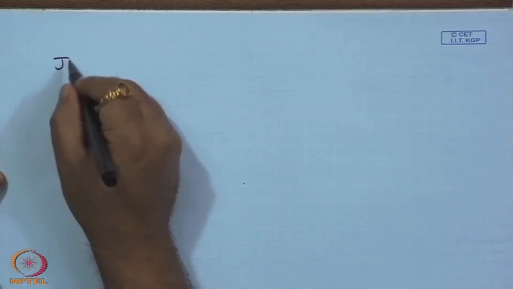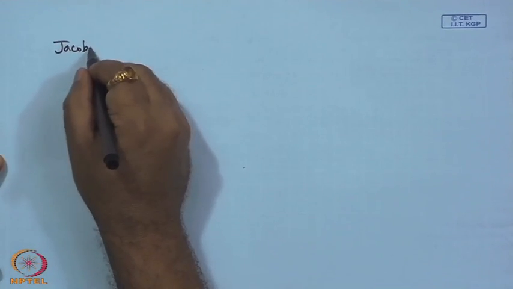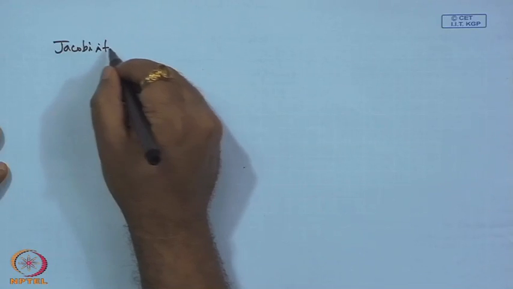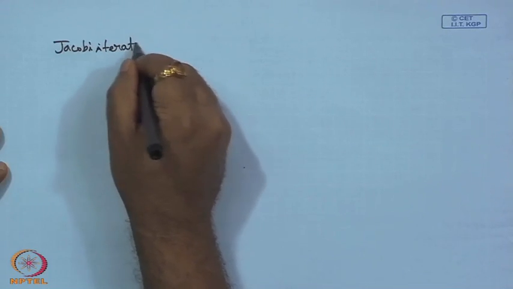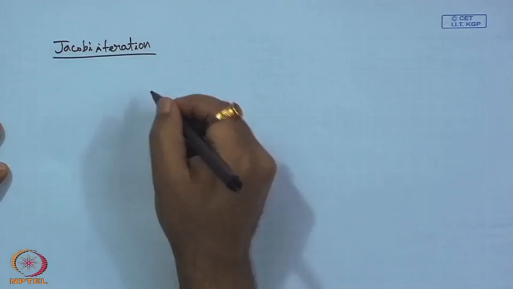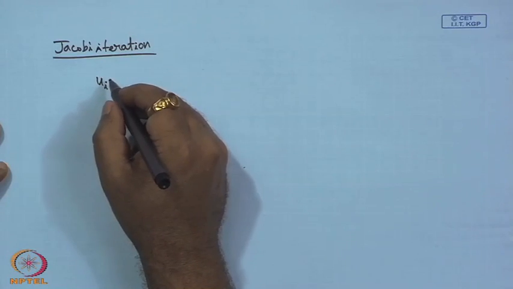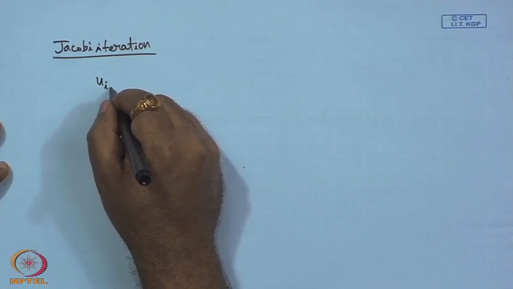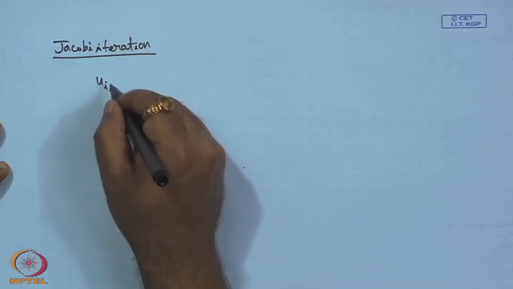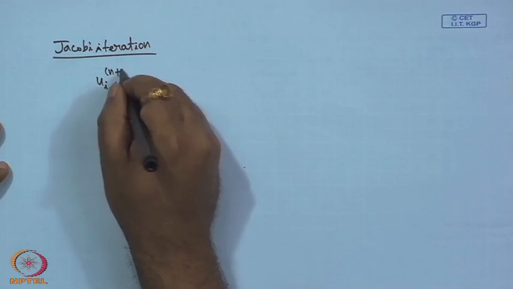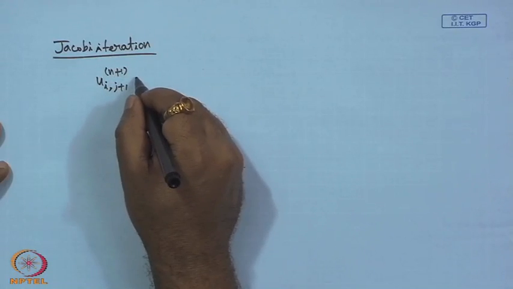So, for example, we define Jacobi iteration. So, u i, so we can keep it j plus 1, now we can drop. So, this is the index for iteration.